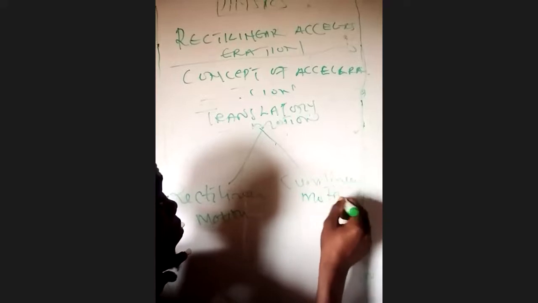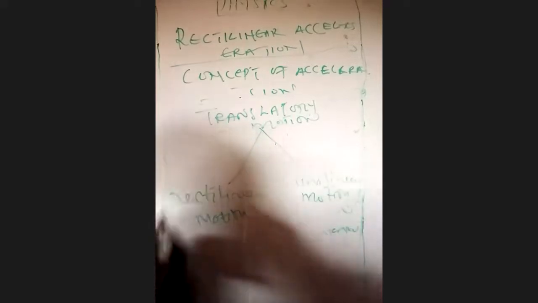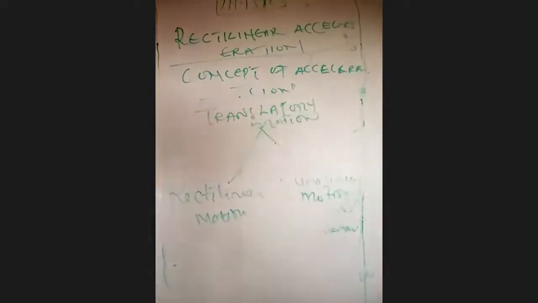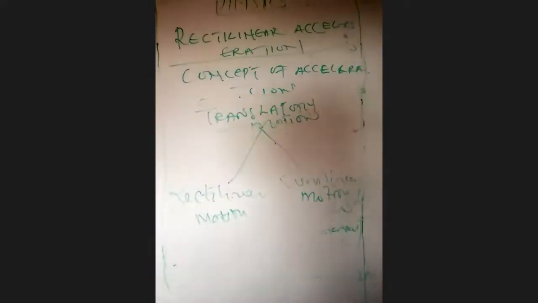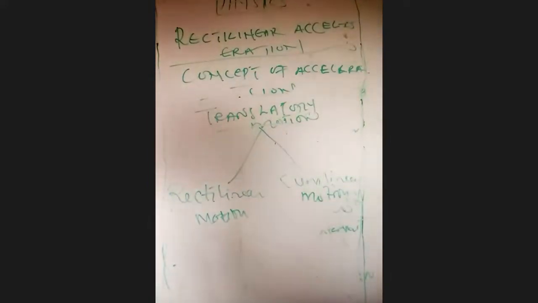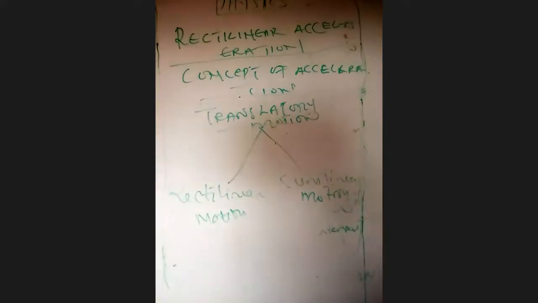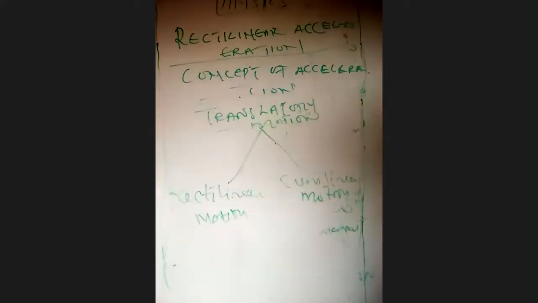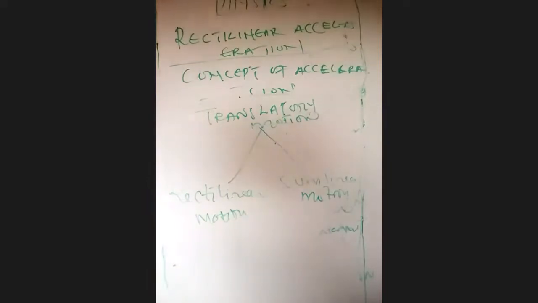Those are the two types of translatory motion. We are dealing with translatory motion now, which is the type of motion in which all the particles of the body move through the same distance at the same time. And we have two types, which are rectilinear and curvilinear motion.